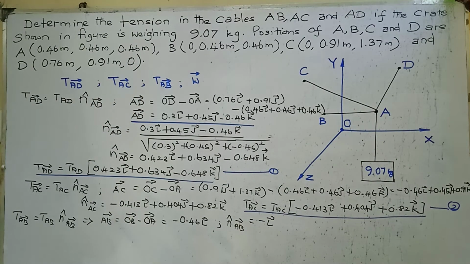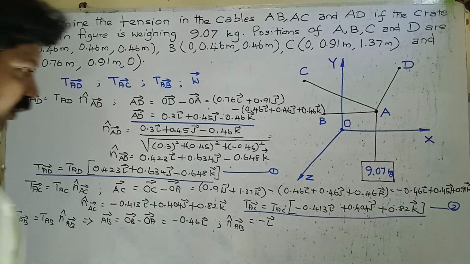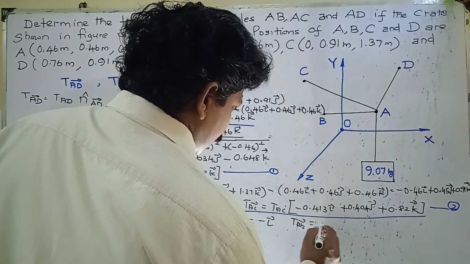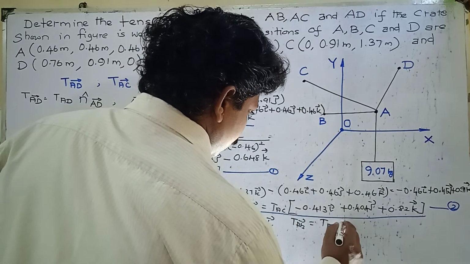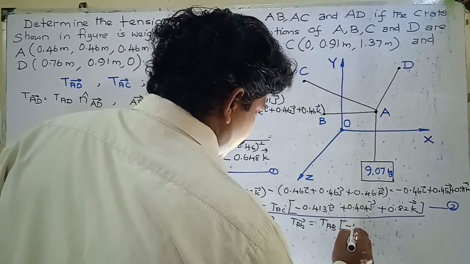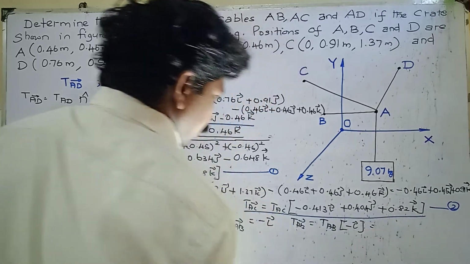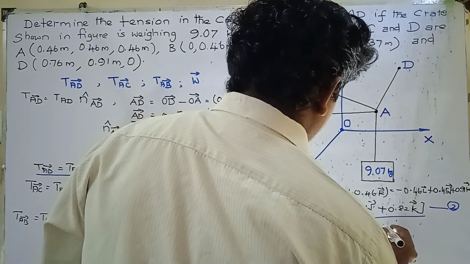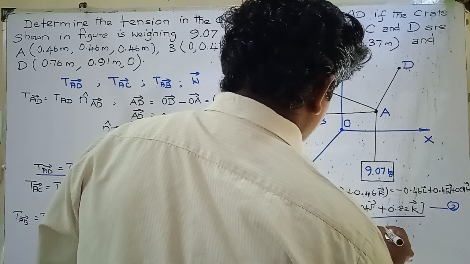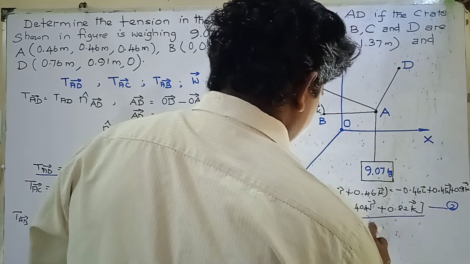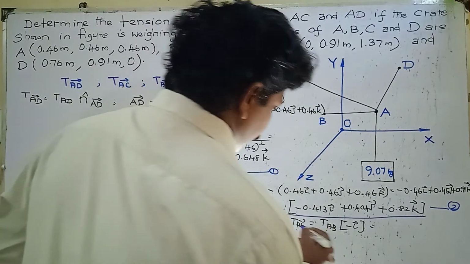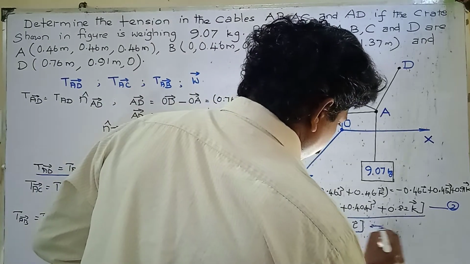So TAB vector equals TAB into minus I vector. This is equation 3.